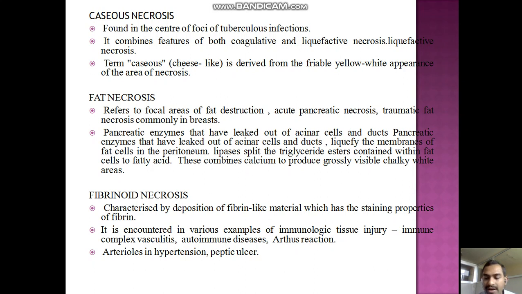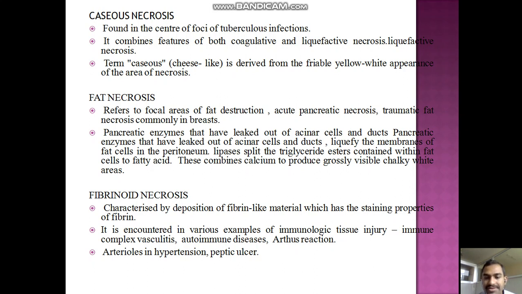Then fat necrosis. It refers to focal areas of fat destruction, as in acute pancreatic necrosis and traumatic fat necrosis, commonly in the breast. Second point: pancreatic enzymes that have leaked out of acinar cells and ducts liquefy the membranes of fat cells in the peritoneum.